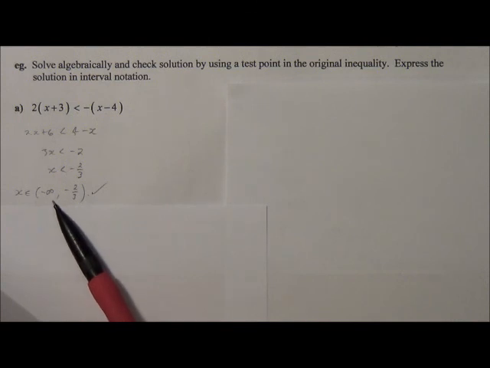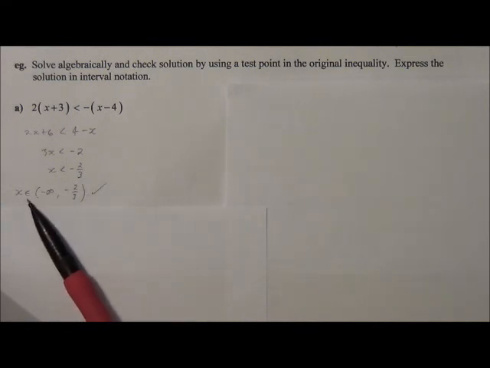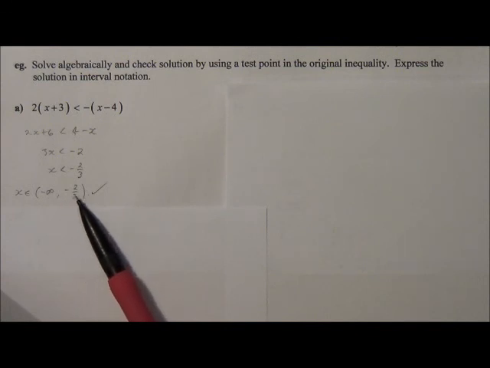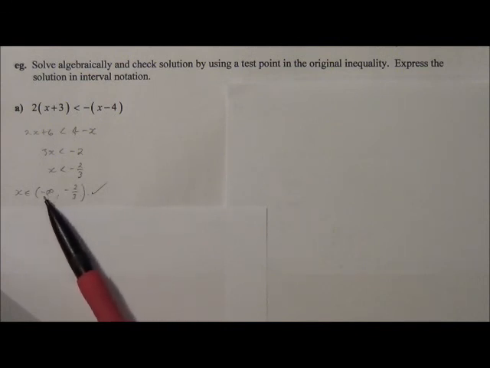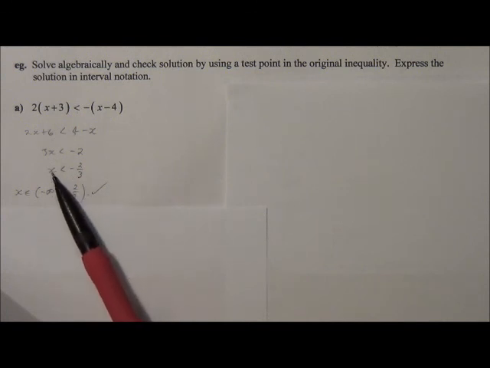Because it's less than negative 2/3, x is an element of all x values between negative infinity and negative 2/3, and it has both round brackets on either end because neither negative infinity nor negative 2/3 are included in this range.